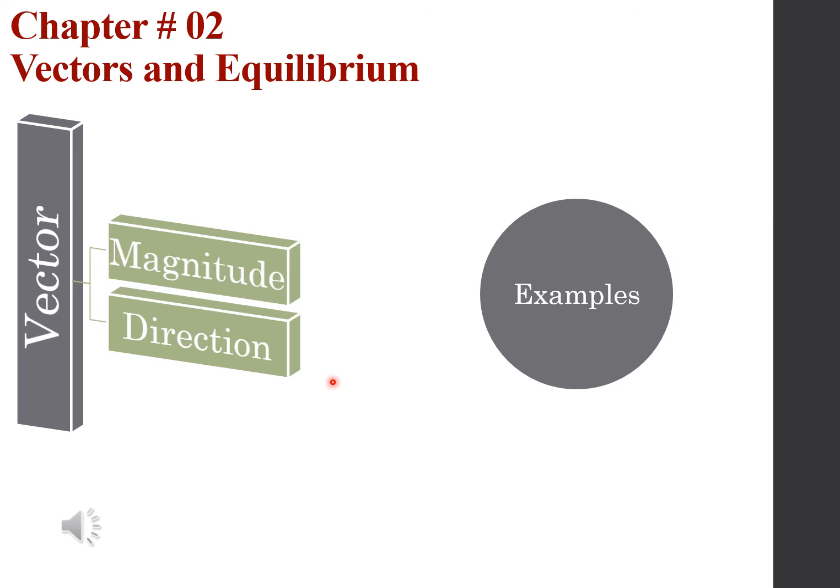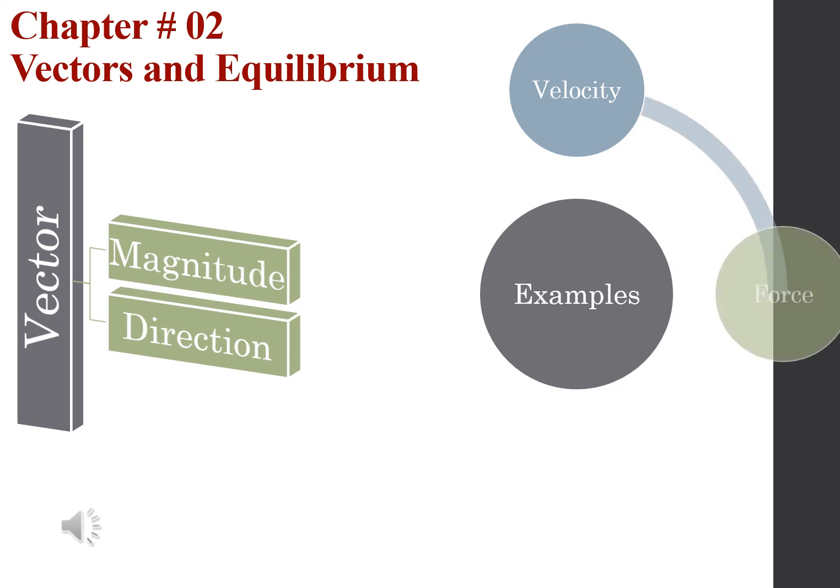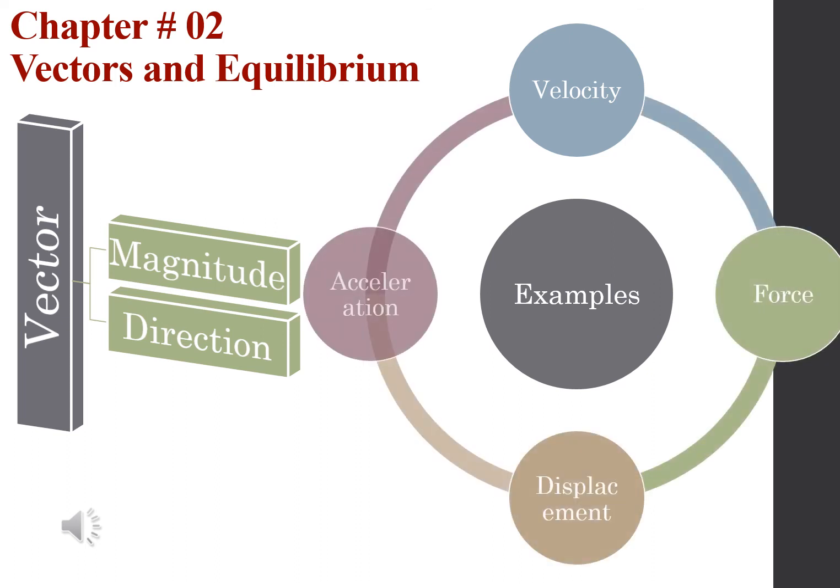So all those quantities that are defined by magnitude, unit as well as direction are called vector quantities. A few examples of vector quantities are given here, such as velocity, force, displacement, and acceleration. These are only a few examples of vectors.